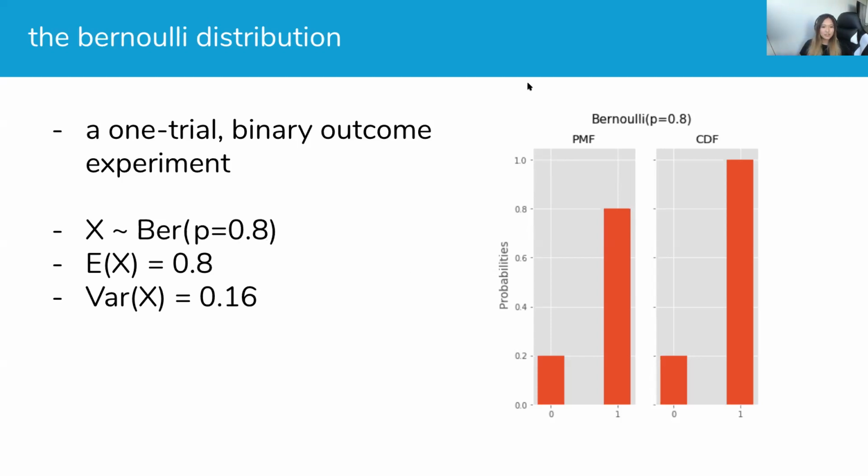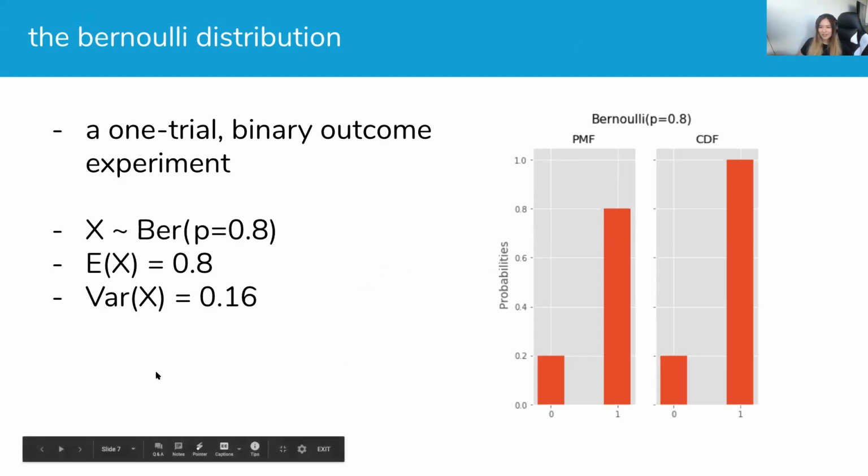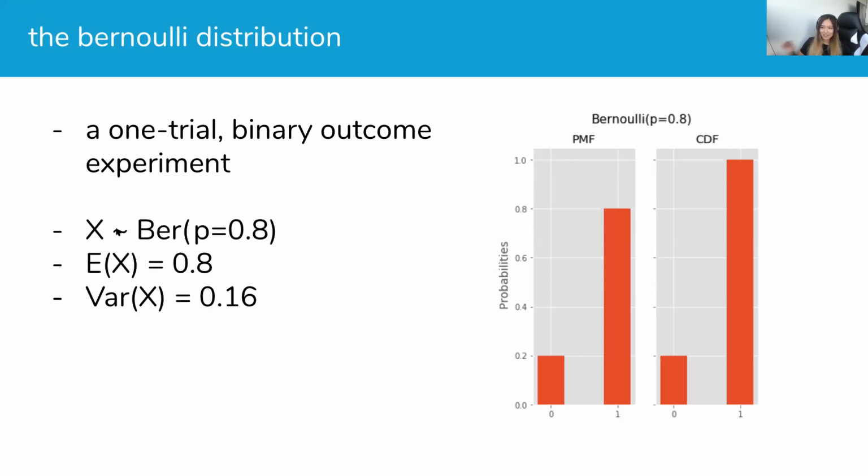The notation for this, which you might see come up, is random variable x here. The tilde just means that it follows a Bernoulli distribution where p equals 0.8. We'll see this come up here and there, but for each distribution, you have a certain number of parameters that define it.